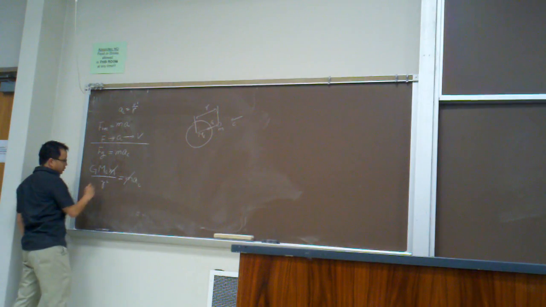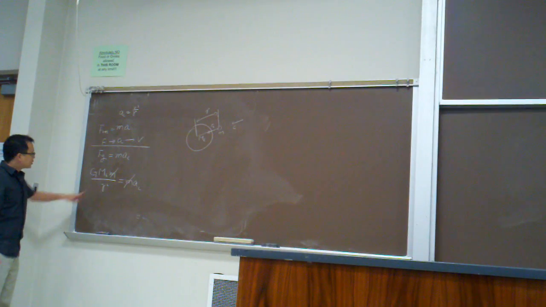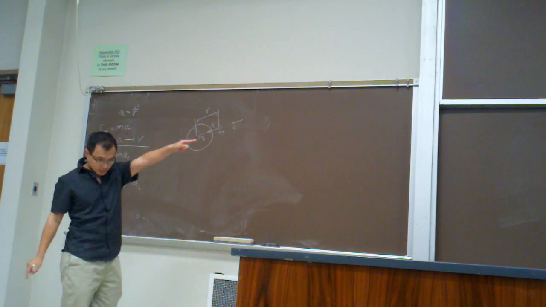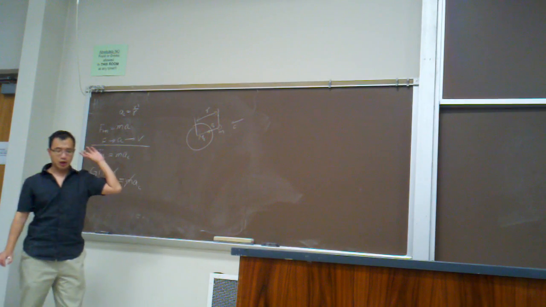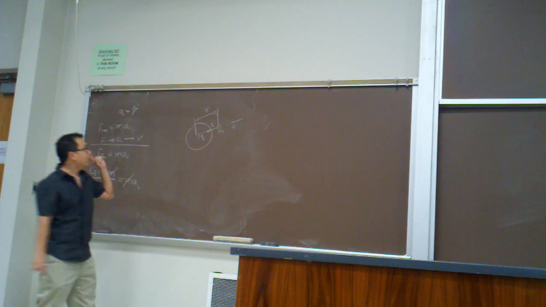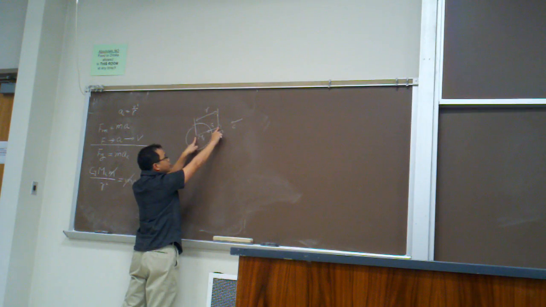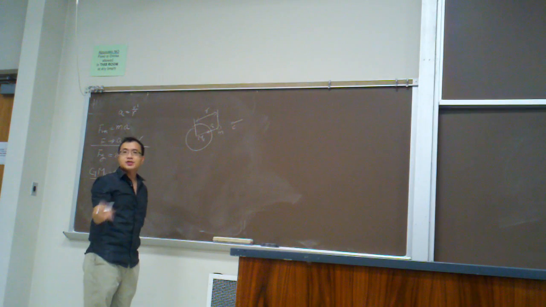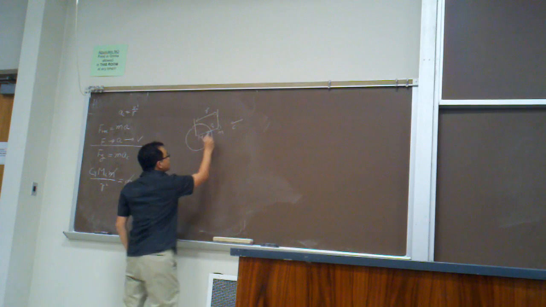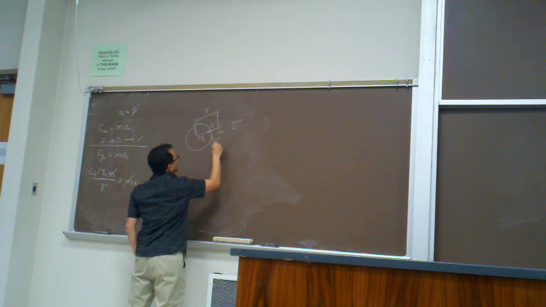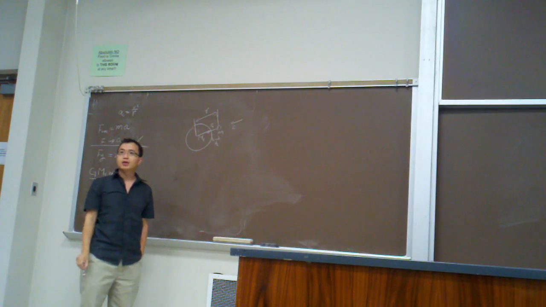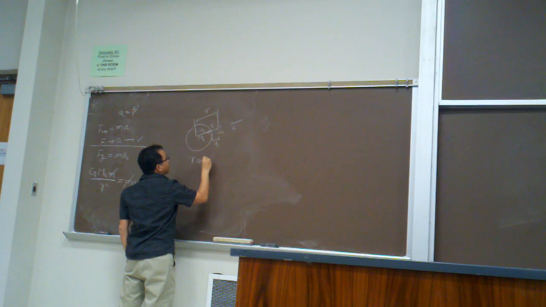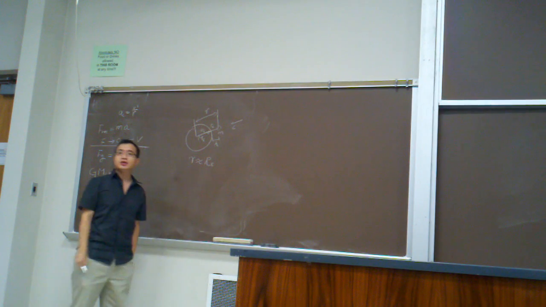But now the question is, what is the radius here? Please note, you need to think about this more carefully. Precisely speaking, this radius should be this, right? From the center to the center. But if the satellite is near the Earth's surface, this height is actually very small compared with the Earth's radius. So in that case, r is almost the same as R_E, the radius of the Earth.